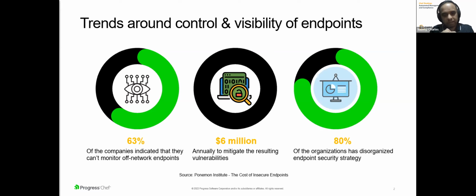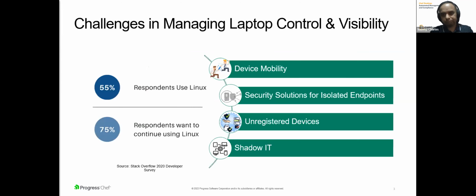And of course, the same survey revealed that about 80% of organizations had a disorganized endpoint device security strategy, and a lot of that is because IT estates are vast, and they usually run different operating systems that are inherently very difficult to manage in a unified manner, right? So that'll give you a sense of the cost to manage just diverse, large IT estates.